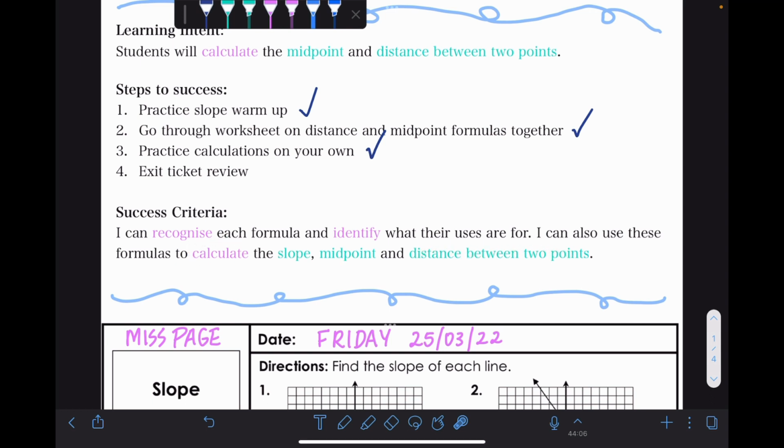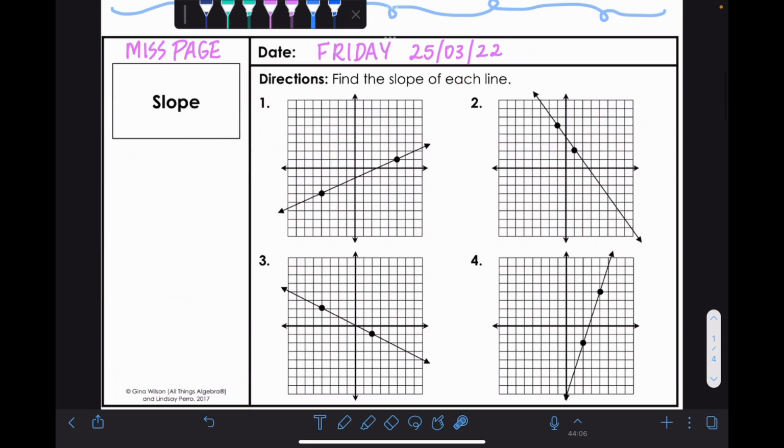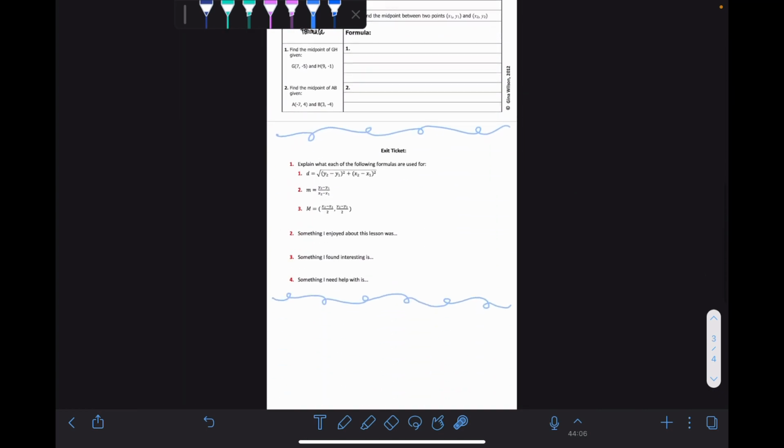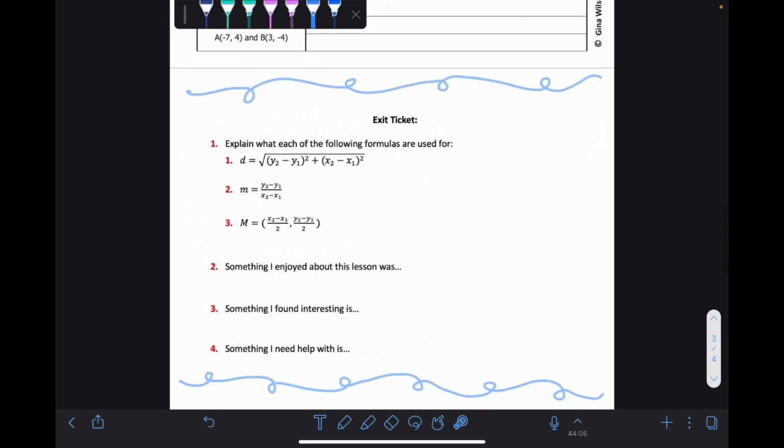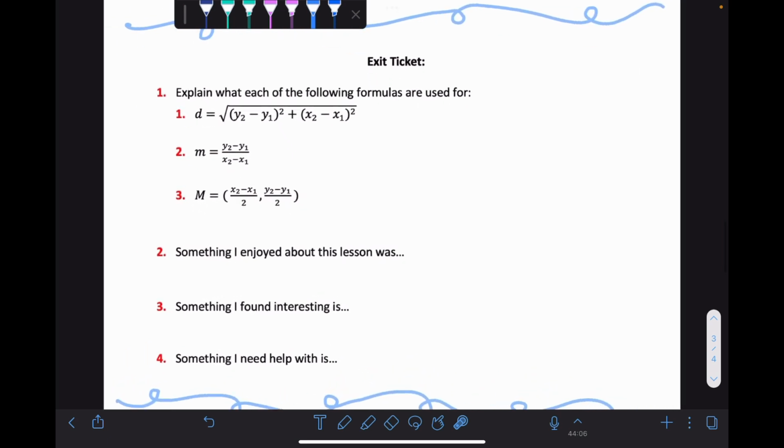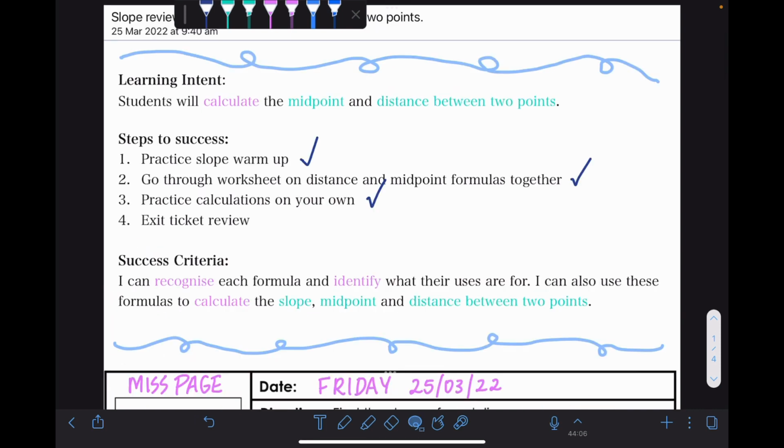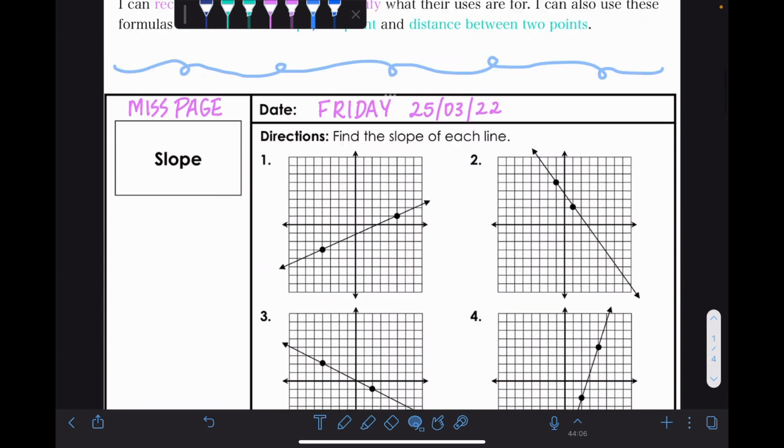So right at the very end of this, you'll see I have a cool little exit ticket where you'll have to figure out what each of these formulas are used for, and then just a little bit of reflection. Cool. So let's get straight into it.